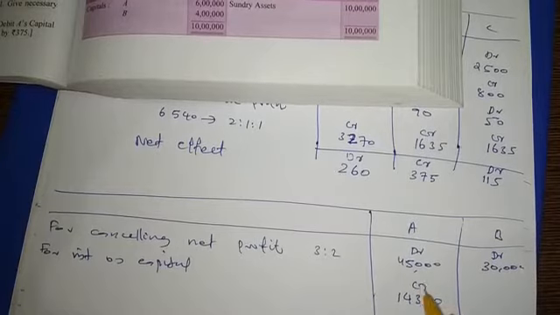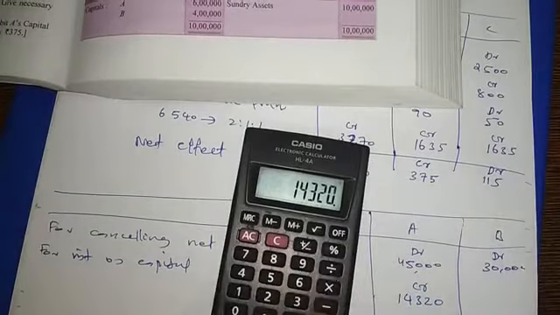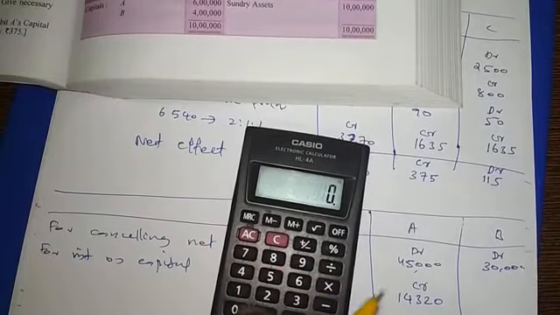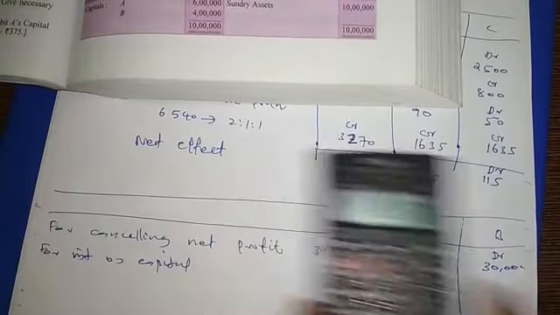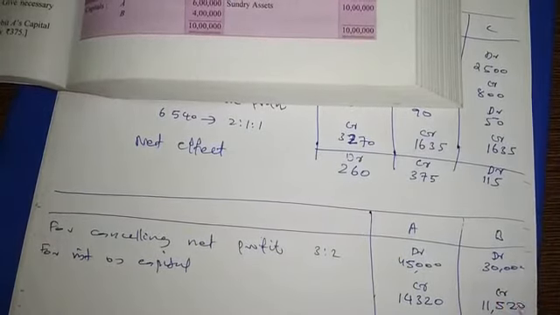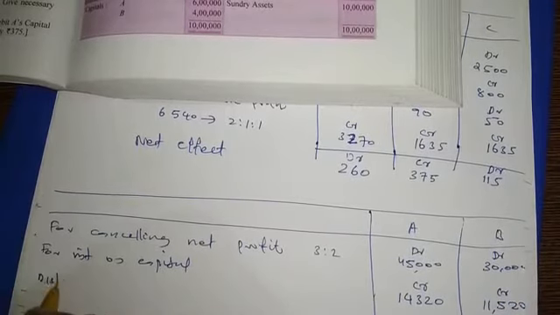This we need to credit. And the next part is 1,44,000 into 8%, it comes to 11,520. This is also credit.